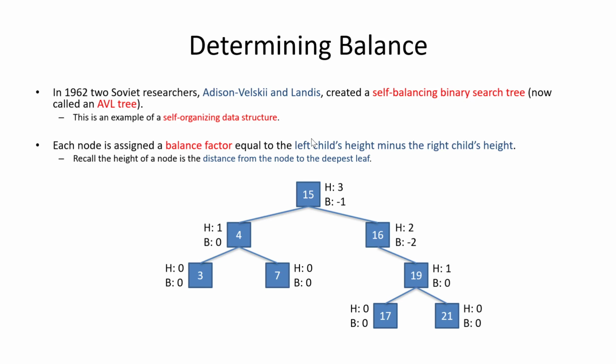If this difference is 0, that represents balance. If it's not 0, then the magnitude, the absolute value, tells us how imbalanced we are. And the sign tells us which side is heavier. If we're doing left child minus the right child, and we end up in the negatives, then the right side must have been heavier. And if we end up in the positive, then the left side must be heavier.